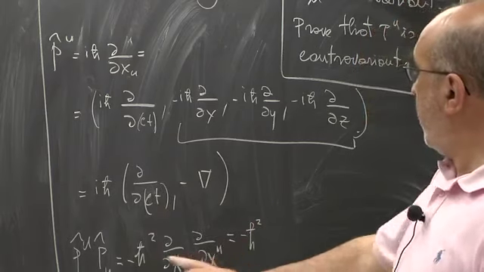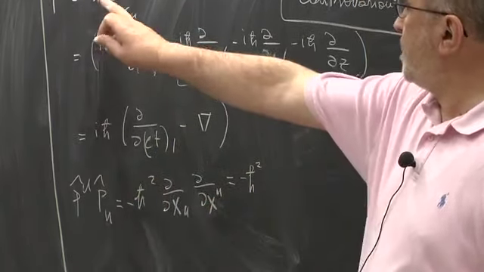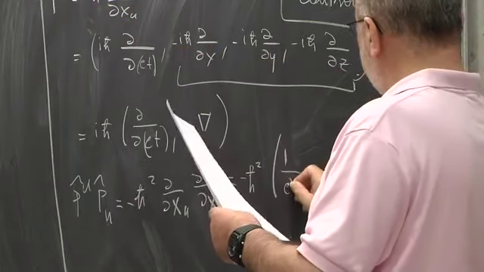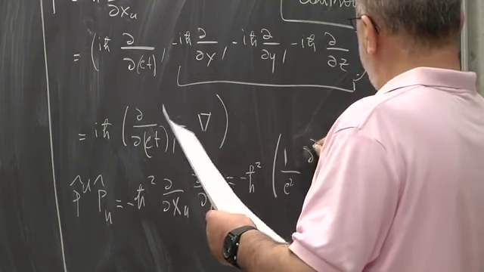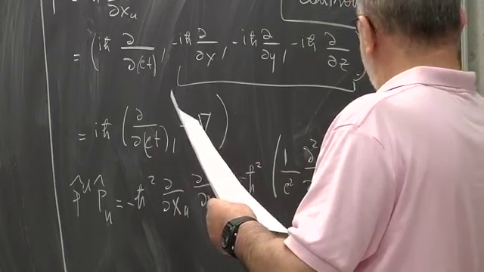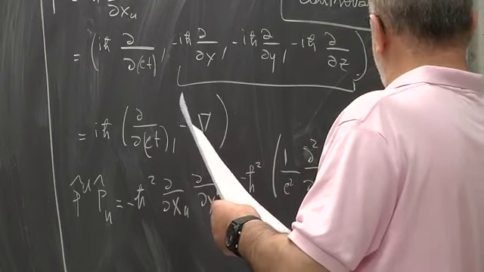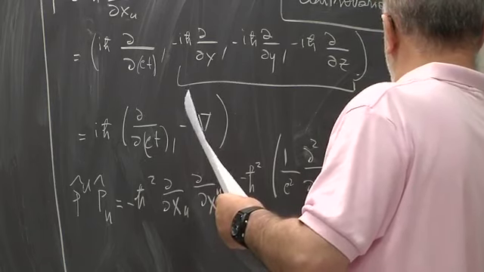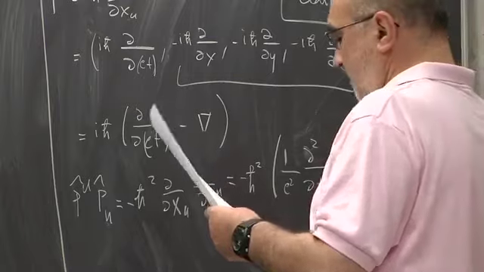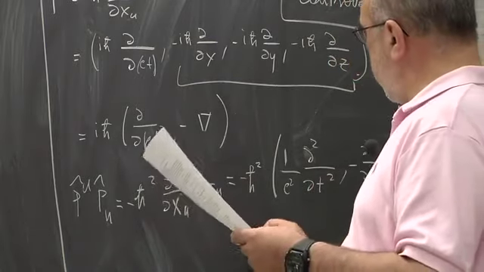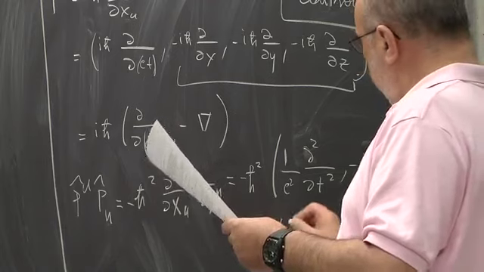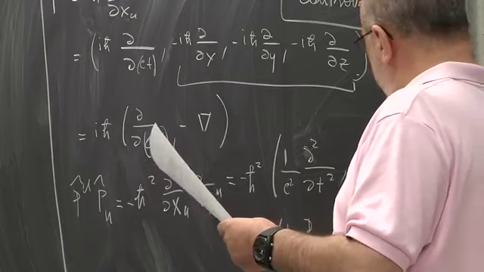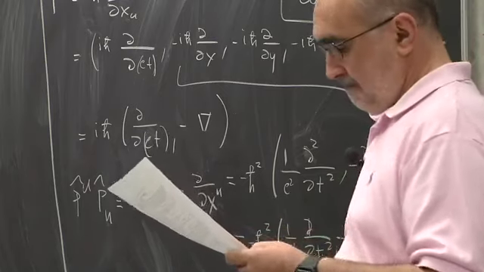The minus ħ squared comes because I have iħ, and I have minus ħ squared. Then I have 1 over c squared, the derivative with respect to t squared, and then I have d dx squared minus d dy squared minus d dz squared. Okay, so this is basically minus ħ squared, 1 over c squared d dt squared minus the Laplacian.